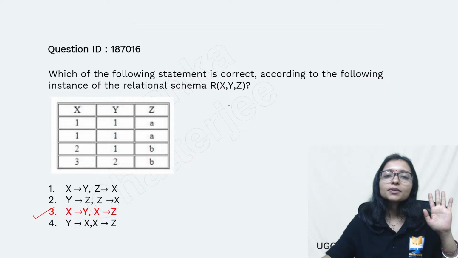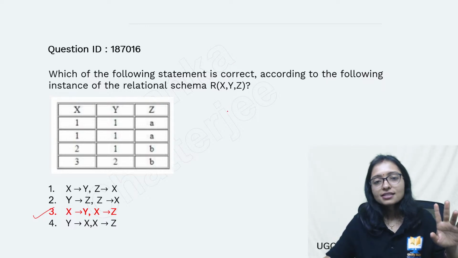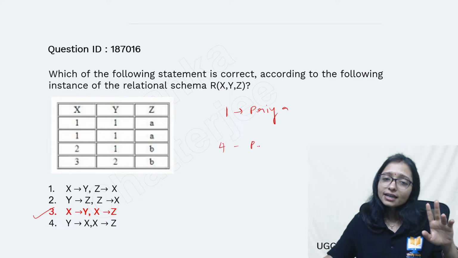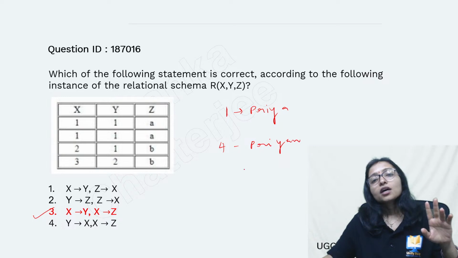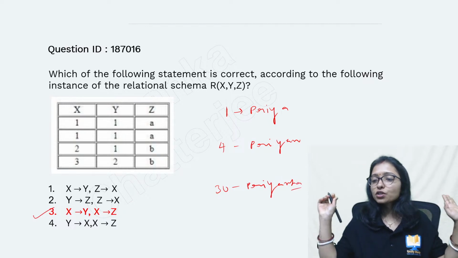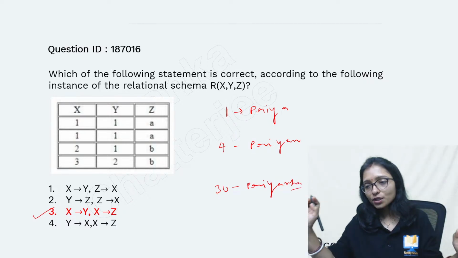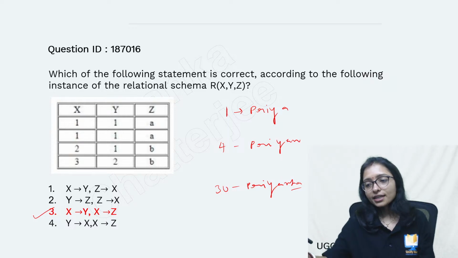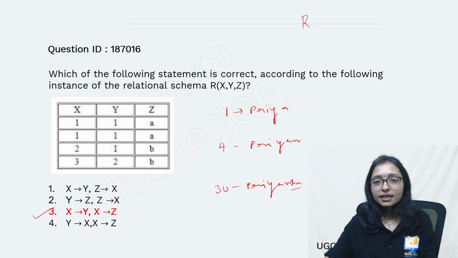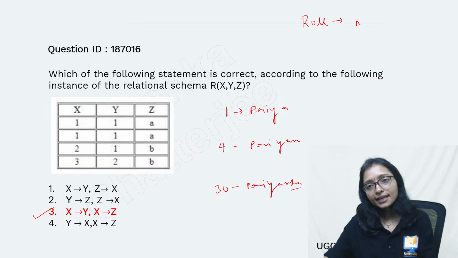So it is possible that in a class roll number 1, that name is also Priyanka. Roll number 4, that name is also Priyanka. Roll number 30, that name is also Priyanka. Is it possible or not? Yes, this is always possible, right? Now see, if I am telling roll implies name, does this hold or not?